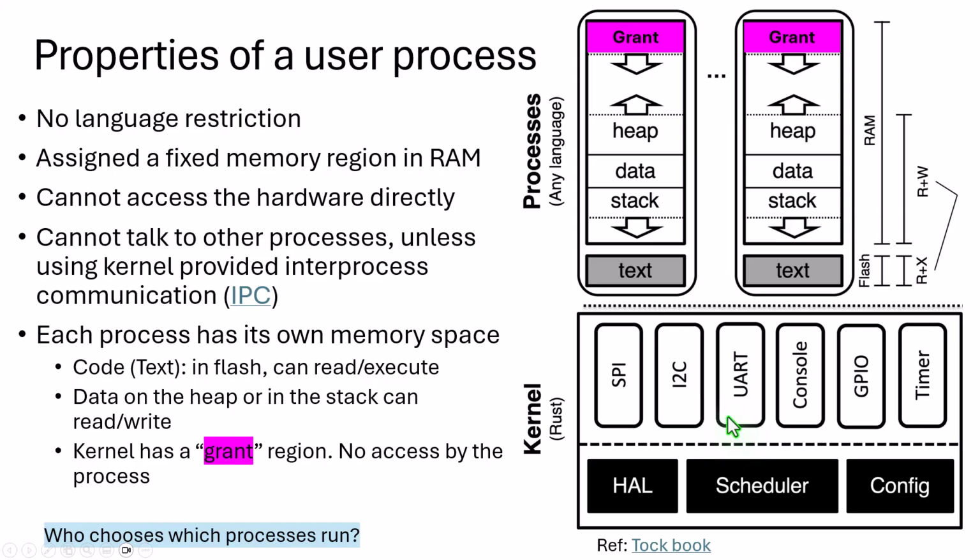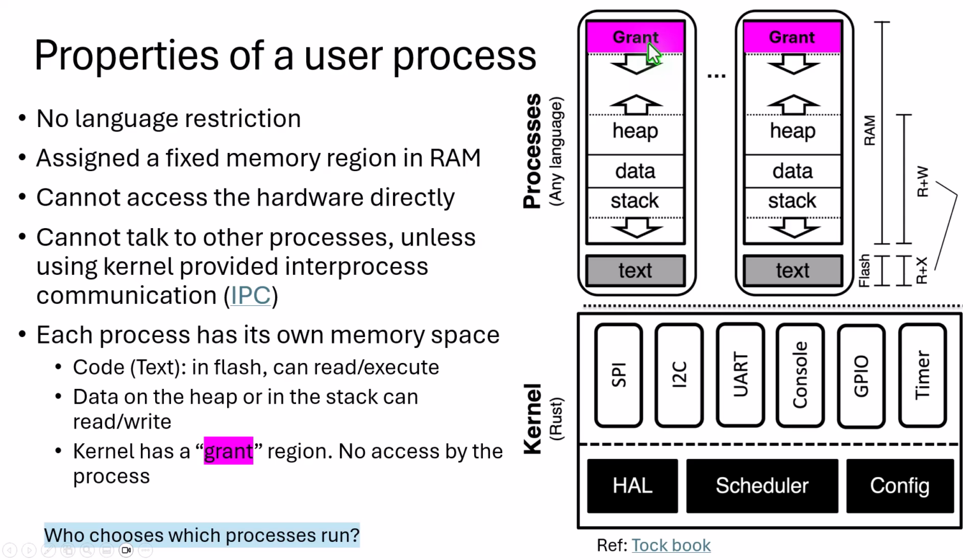So, for example, if processes wanted to use the UART, or a process wanted to use a lot of the capsules, that could exhaust memory in the kernel if the buffers for those are being maintained by the capsules at the kernel layer. So instead, those data structures are maintained by the process.